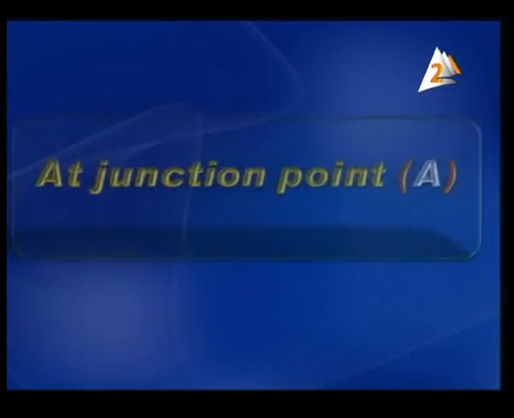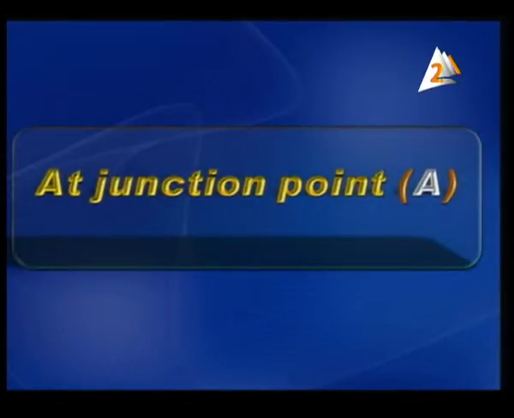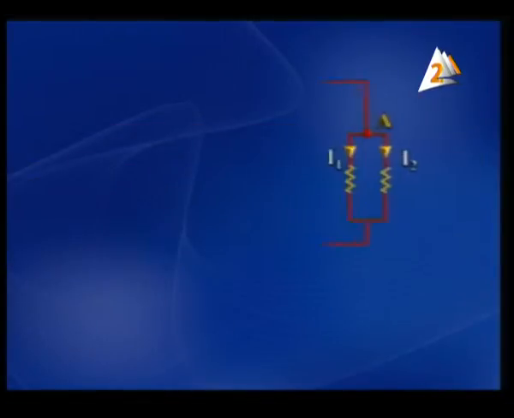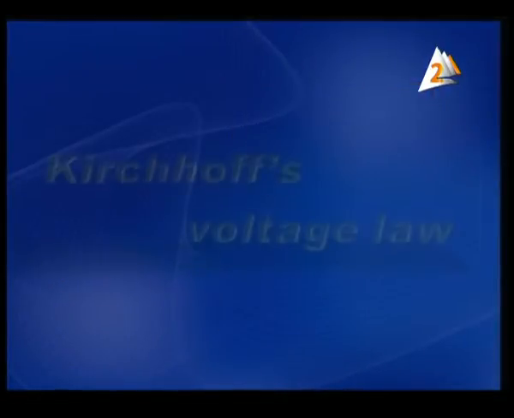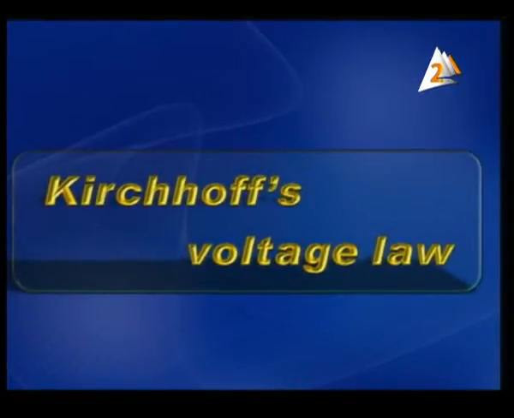So in front of you at junction point A in the diagram, we can say I minus I1 minus I2 equals 0. That's to say I equals I1 plus I2. Currents arriving equals the currents leaving the node.